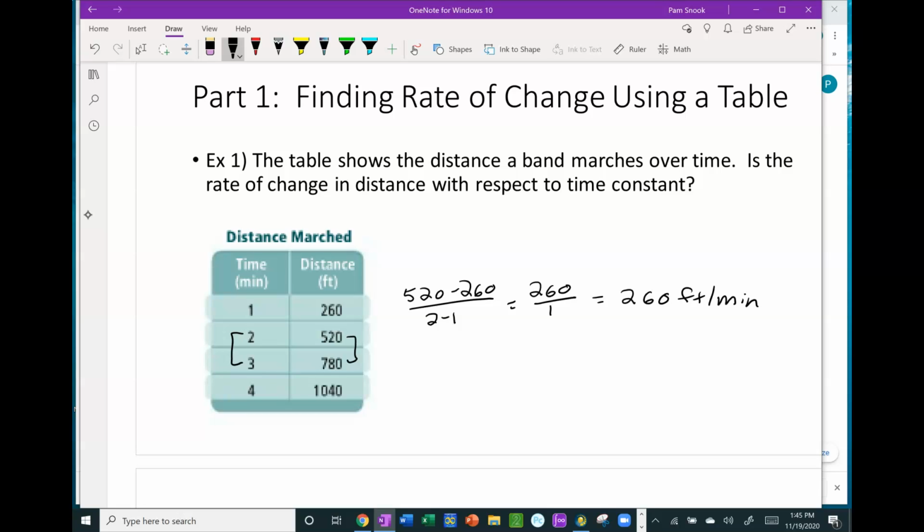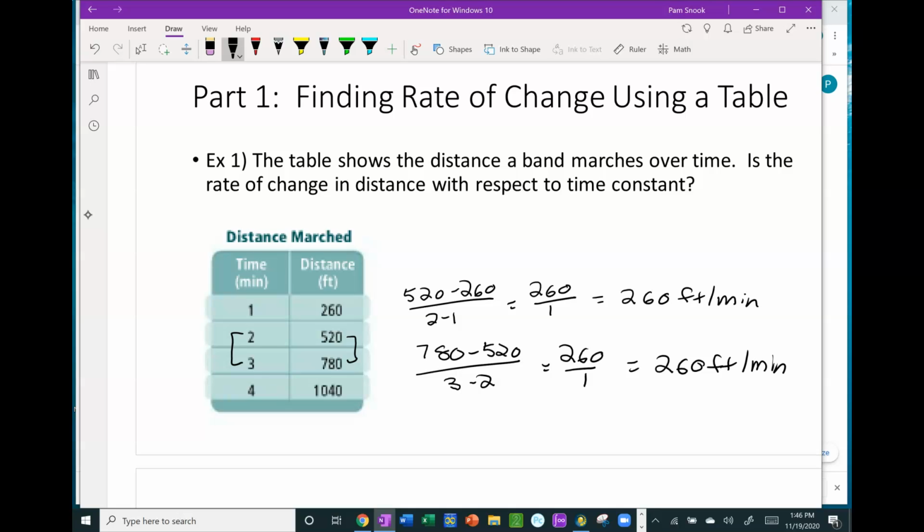So second to the third minute, I have 780 minus 520 over 3 minus 2. Punch this in your calculator. And again, 260 over 1, or 260 feet per minute.